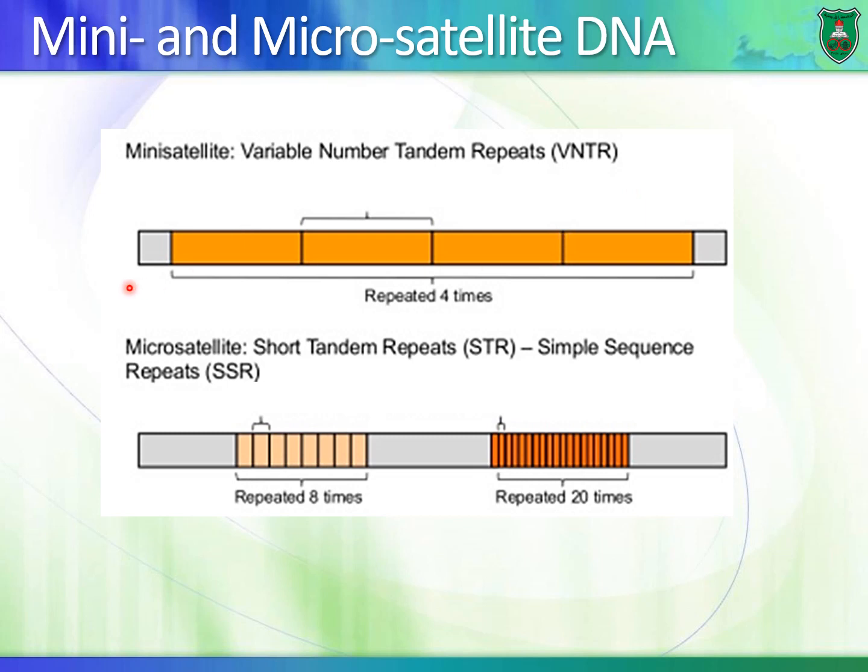So you have a sequence that is made of, let's say, about 20 to 100 base pairs, and this sequence is repeated several times, and they are tandemly repeated, so they are close to each other, one after the other. Microsatellites are repeats that consist of about 2 to 10 base pairs, and they can also be repeated several times, as you can see in this example right here.